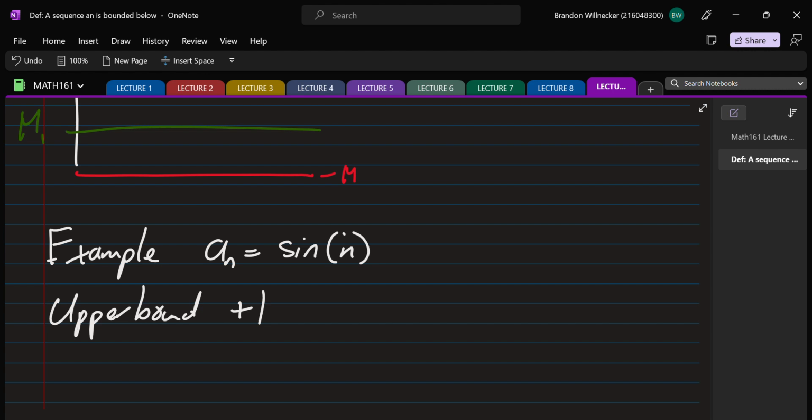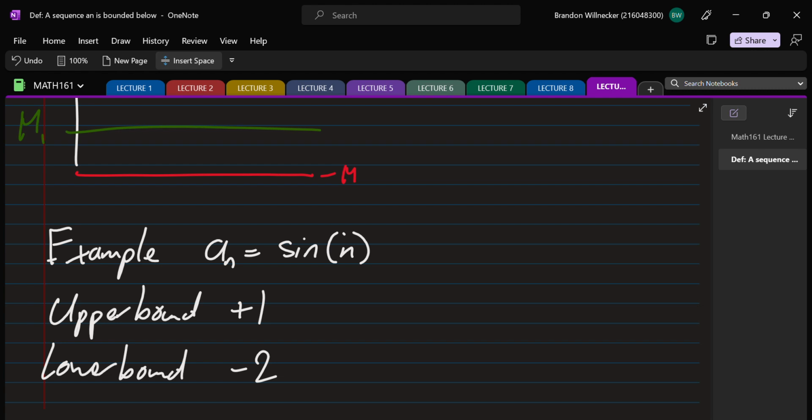We know that it never goes above plus 1. We can also say there's a lower bound of minus 2. We know that the sine function never goes below minus 1. If it doesn't go below minus 1, then it certainly doesn't go below minus 2. So minus 2 can be a lower bound.